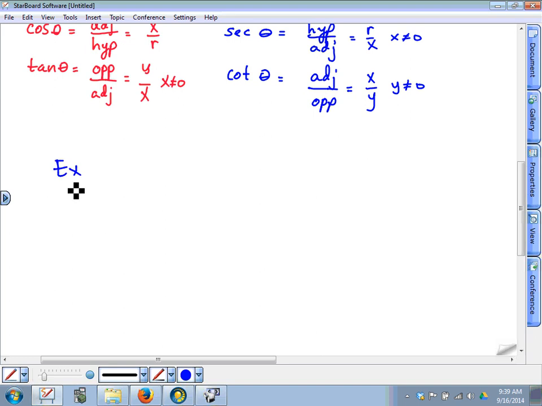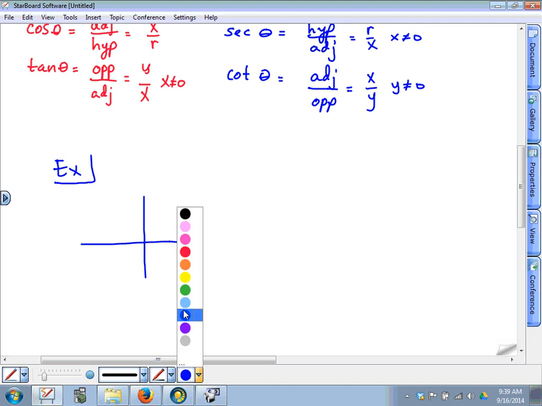Let's do some examples. Example 1. Draw this graph. And then on the graph that you have just drawn, draw this angle.